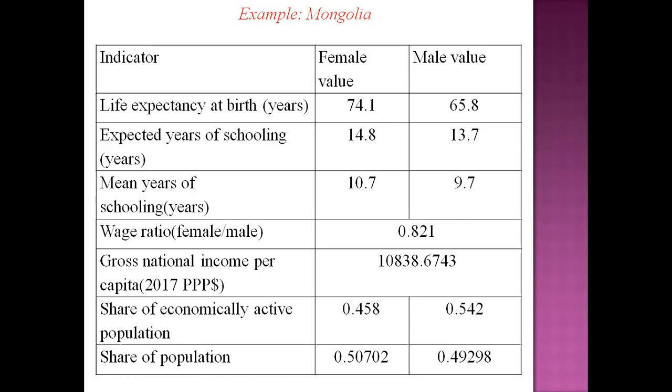As for the share of population, the female share is more than the male. 50% of the total population are male and 49% are female. Sorry, the percentage share of the female population is higher than the male; approximately 1% higher than the male population in Mongolia.